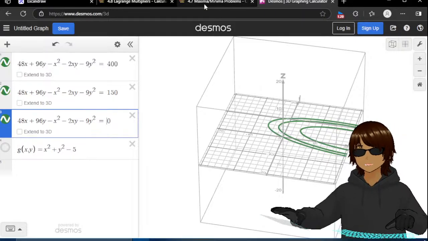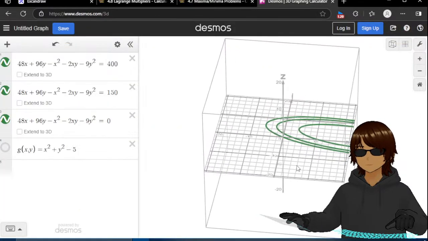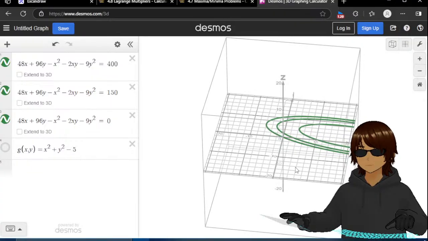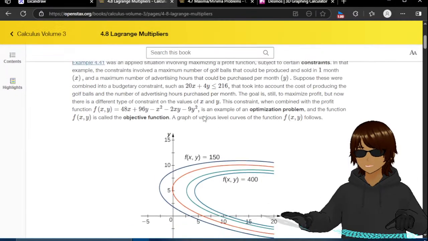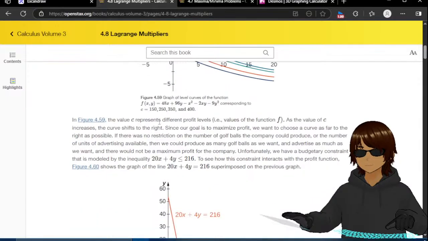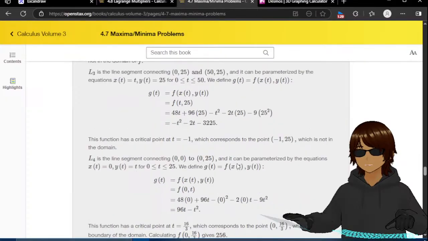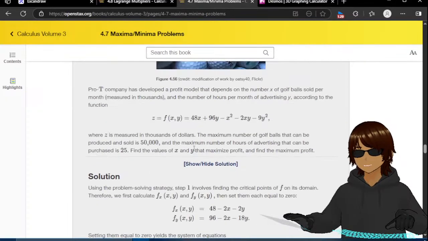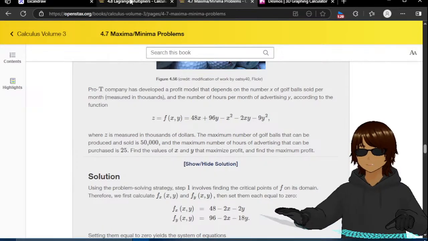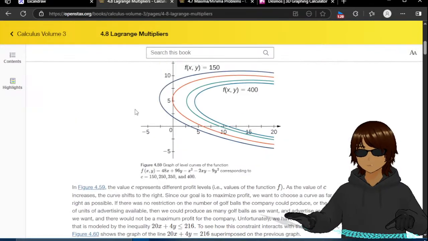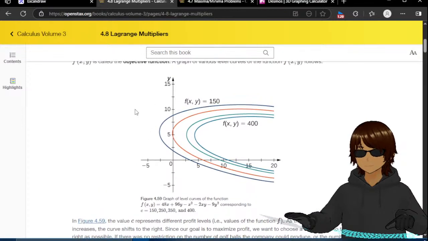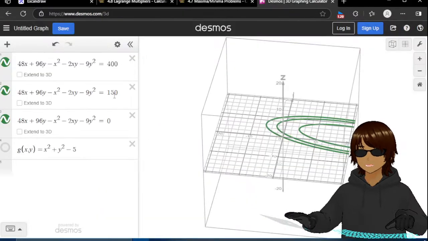Okay, so I think in the original thing, there was a constraint, right? 50,000 and 25. If there was no constraint, you would go as right as possible. As right as possible meaning, what do they mean?